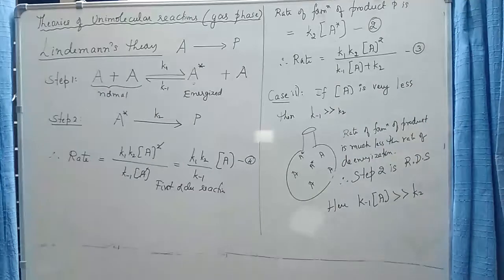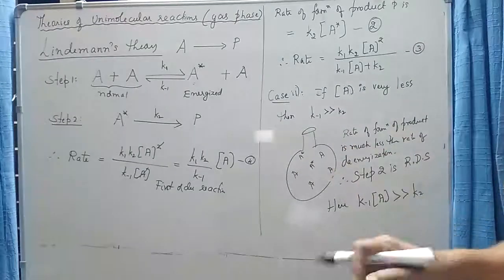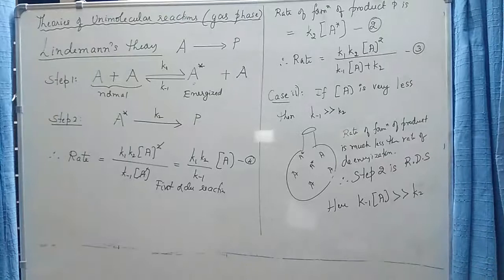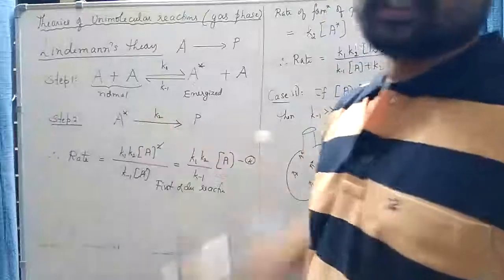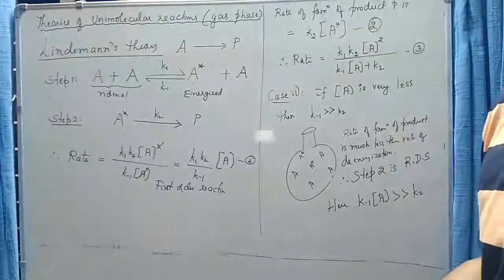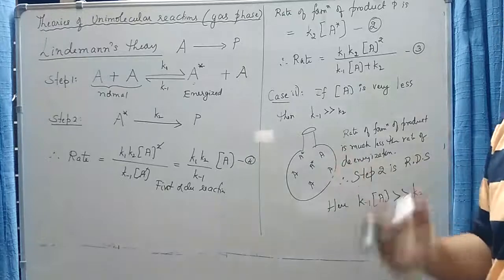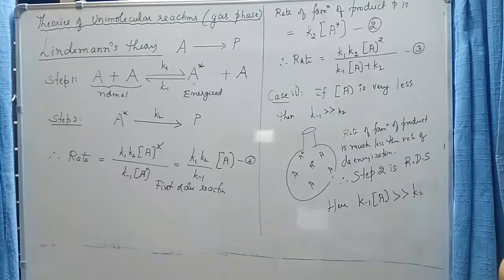Since the concentration of A is very less, the molecules are much farther from each other. So the chances that this energized molecule may lose its energy due to collision is very less, and therefore the rate of the second reaction will be very large, because the probability of this molecule getting de-energized is very less. So in most of the cases, A star will be converted to product.